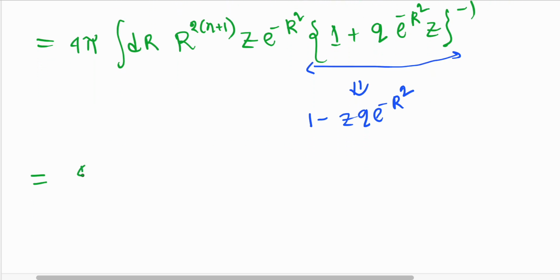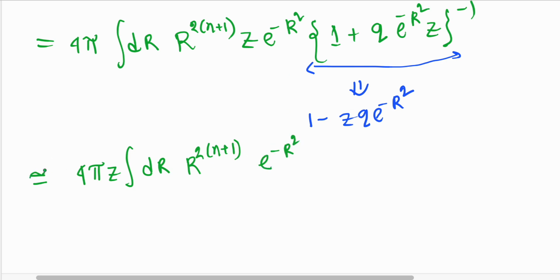So 4 pi dr r^{2n+1}, z is there, so the first term will be e to the power minus r square.